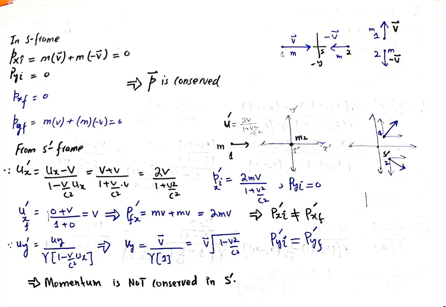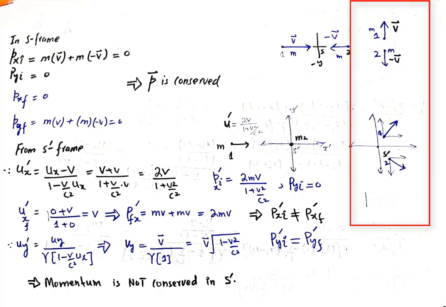Now look at the case after collision. When the collision happens, particle 2, which is at rest in the S prime frame, will also move. So it will have both an x component and a y component of velocity. Now we can find the x component.